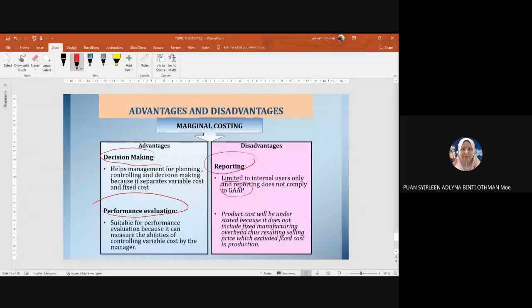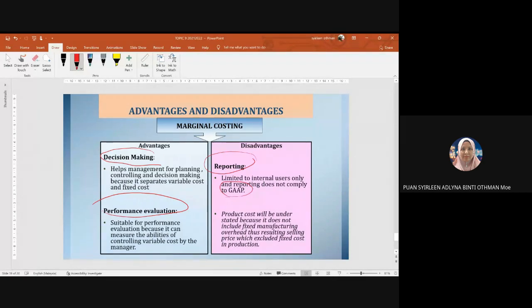So you cannot use that income statement for comparison purpose lah. Kalau you nak tengok is Air Asia is doing better than MAS contoh. You cannot use a marginal costing income statement because the variable costing for AirAsia and variable costing for MAS is totally different. So kita tak boleh guna report daripada marginal.